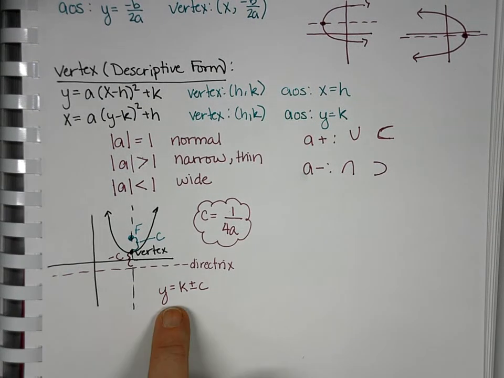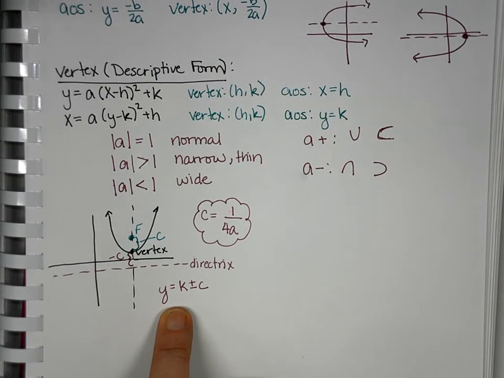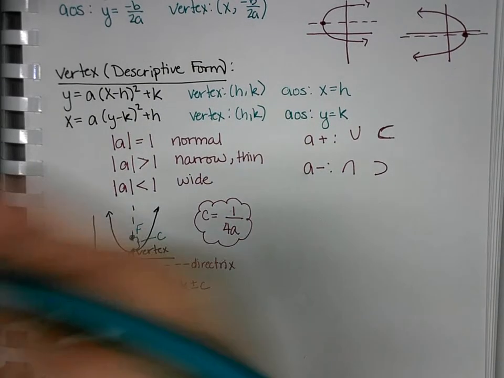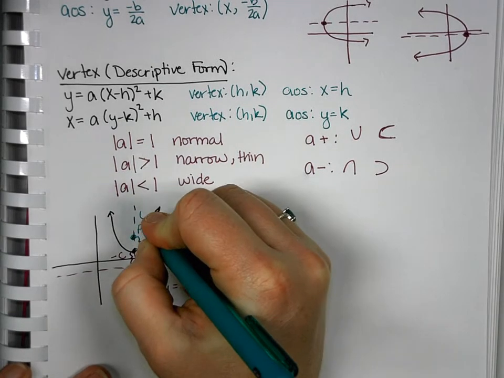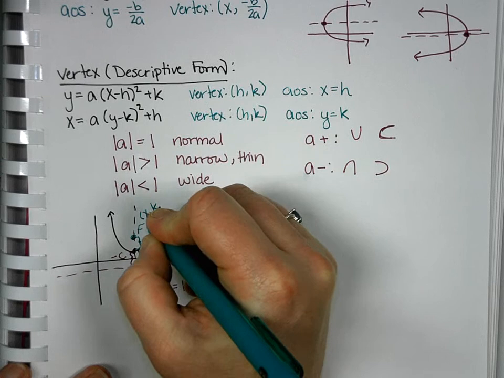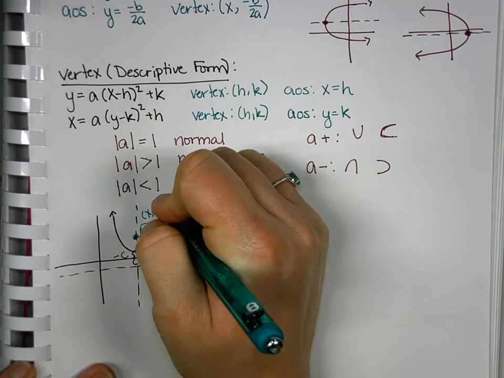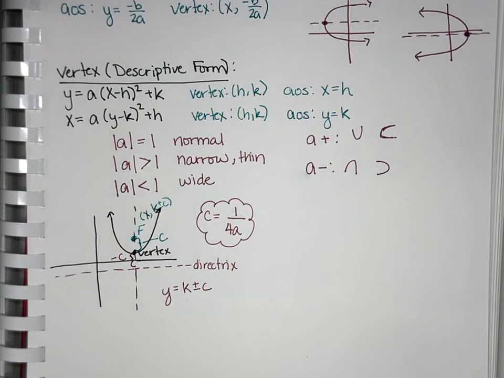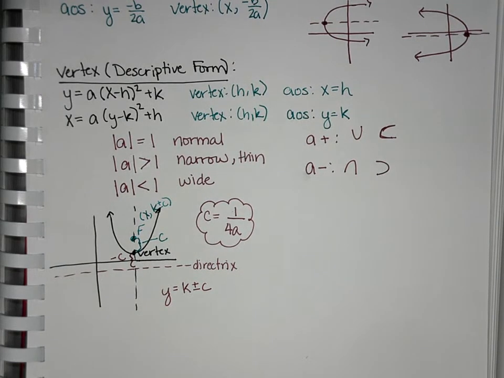So we're either going to add c to get to our directrix, or we're going to subtract c to get to our directrix. For our focus, the ordered pair is going to have the same x value, h, but it'll be k plus or minus c, again depending on the direction of your parabola. And this is true whether it goes up or down.